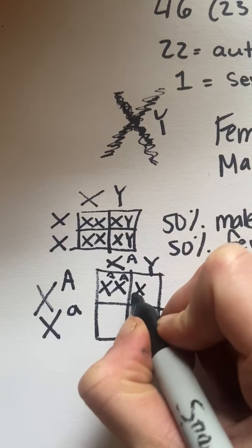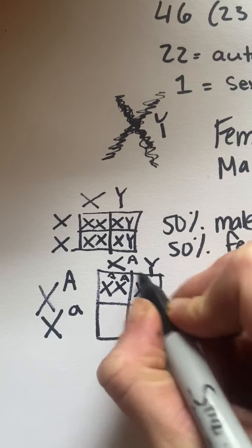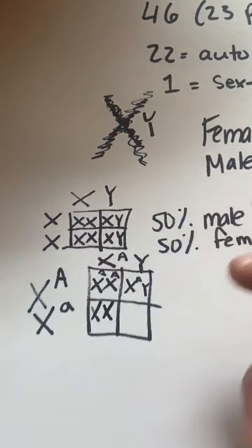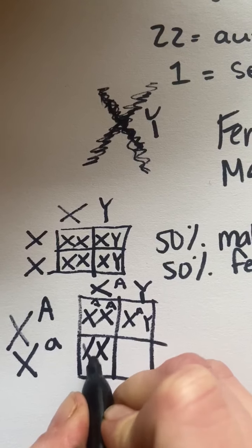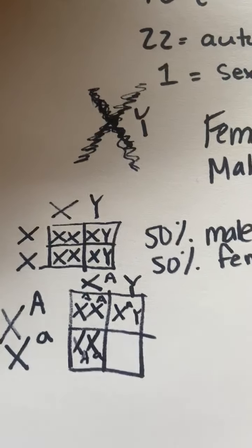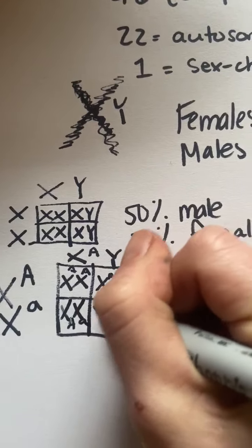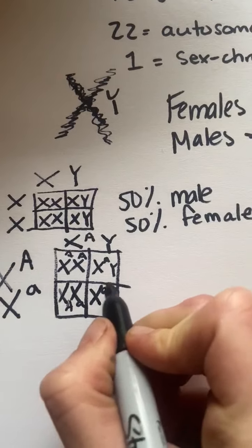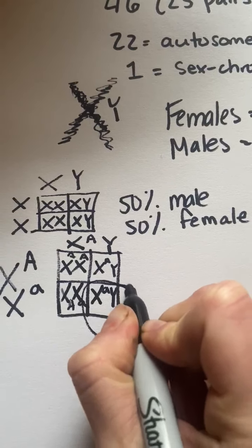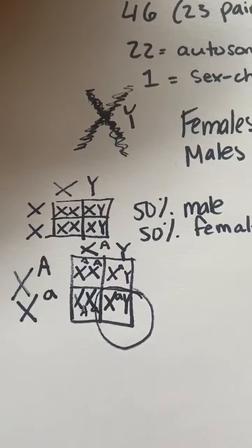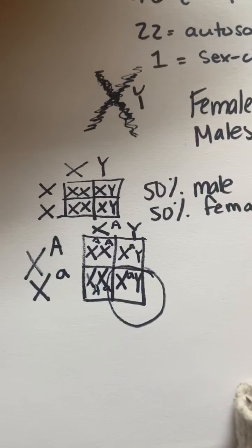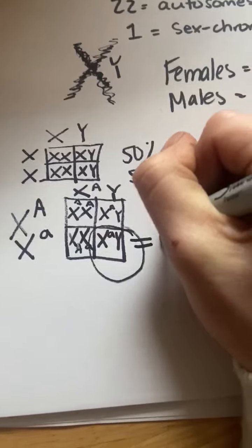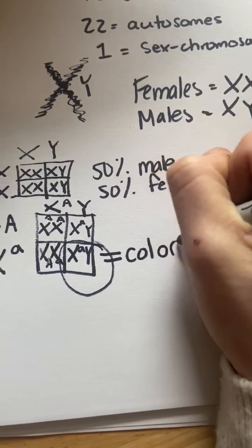You have a male that has a capital A. You have, again, a female who has a capital A and a lowercase a, and then a male that only has a little a. So this male that only has little a doesn't have the opportunity for that second allele to overpower it. So it has the recessive allele, so that means it has the recessive trait. So that male would actually be colorblind.